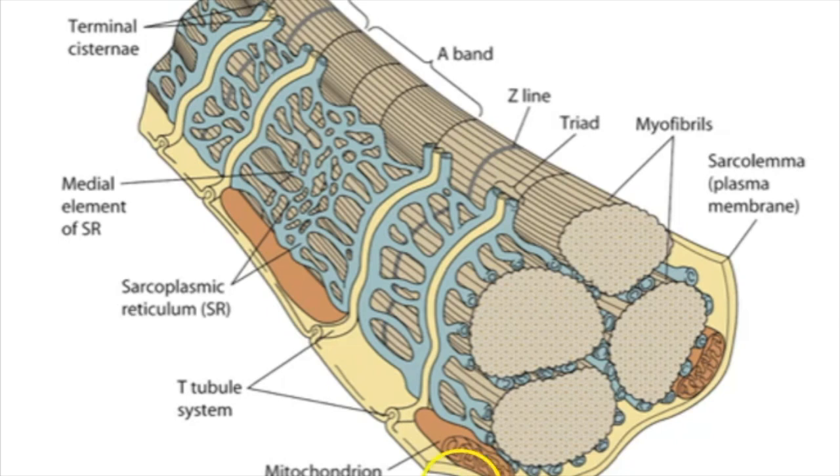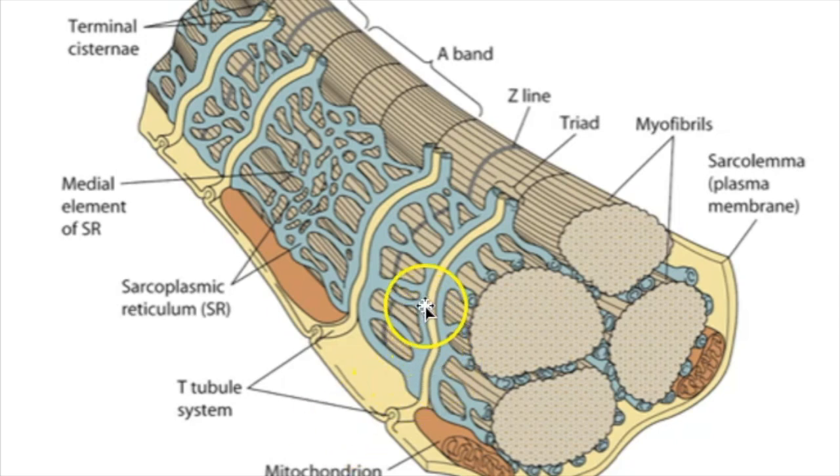The other thing to notice is that the sarcolemma, again, this yellow membrane, folds inward at certain lengths. It folds inward and creates what are called T-tubules. The T-tubules are nothing mysterious. They're just infolded areas of the cell's membrane, or the sarcolemma, and they serve a very important function during contraction.